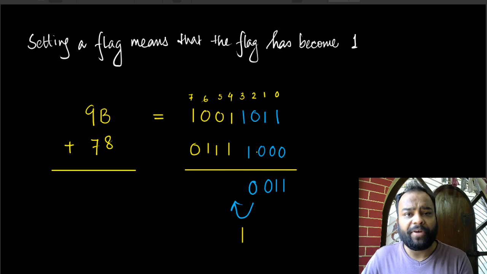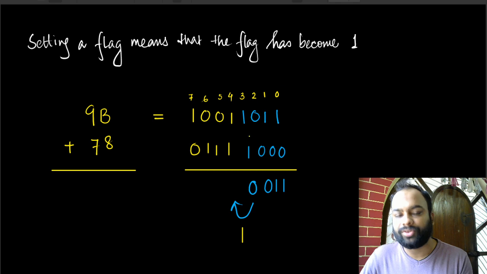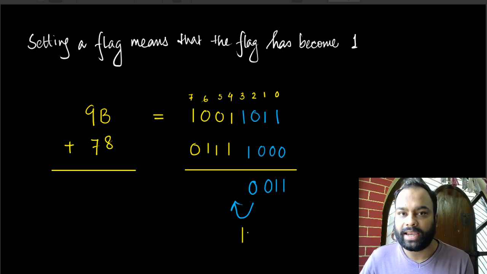So if I add these two numbers, then the auxiliary carry flag would have been set. The value of the auxiliary carry flag would have become 1 to indicate that there has been a carry from D3 to D4. It's often written as D3 and D4, digit 3, digit 4, understandable, right? So from this to this, if there is a carry, then it indicates that there is an auxiliary carry. This is known as an auxiliary carry.